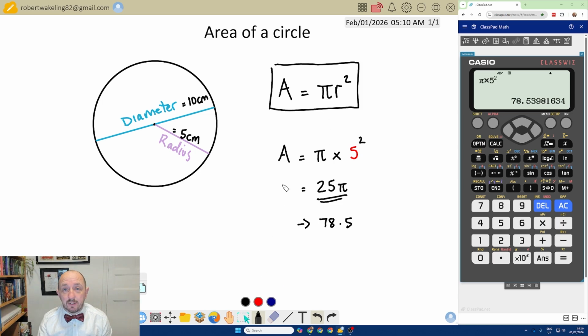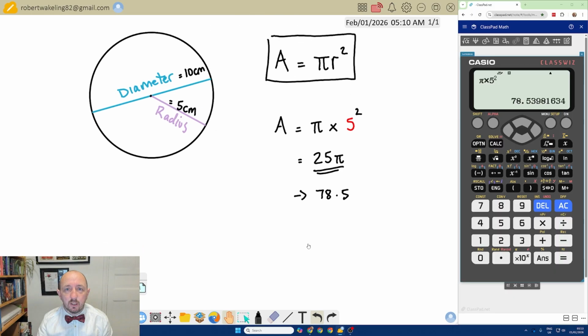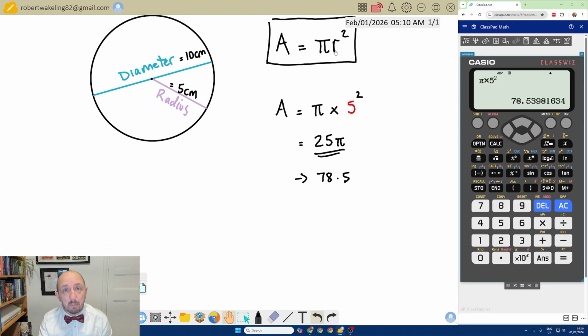As we progress in this topic, you may be asked to work backwards and find the radius from an area. So how does that look? Let's say we have an area of 100 centimeters squared, and they ask you, what's the radius?